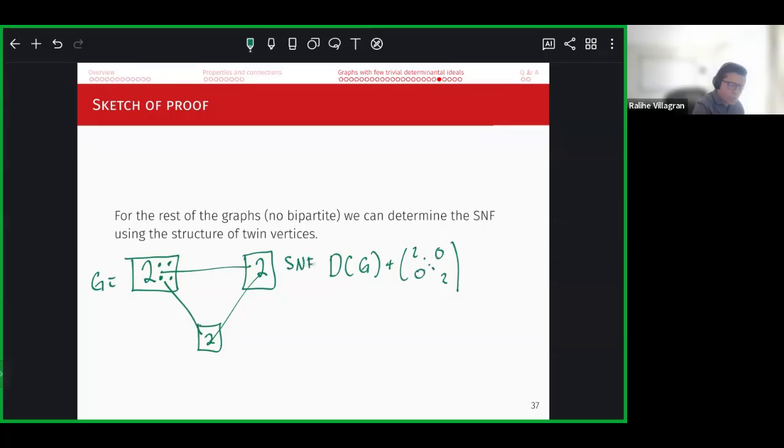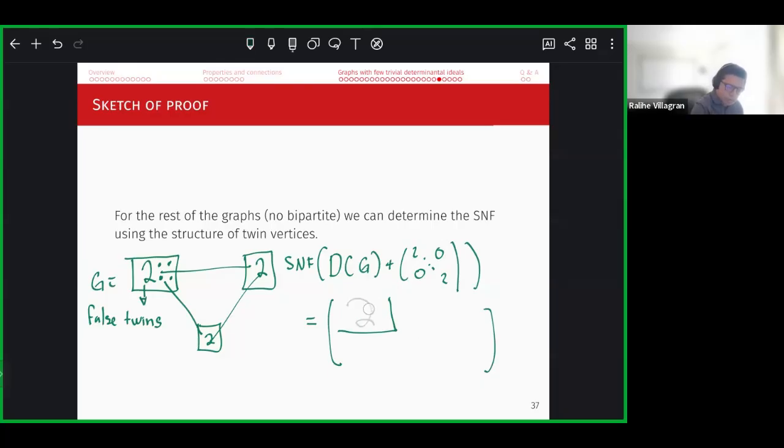And when we compute the Smith normal form of this, what we find is that on all of these independent sets, so we can think about this as twins, you can say false twins because they are not connected, all those 2s are on the diagonals, and we have 2s everywhere else, actually.